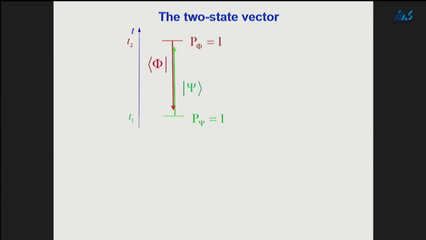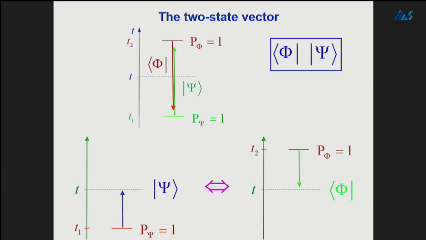If I want to discuss the system between two measurements, both psi and phi play an equal role. The complete description is by psi and phi, the two-state vector. They are not a scalar product. Both psi and phi are needed to describe the system in between two measurements.